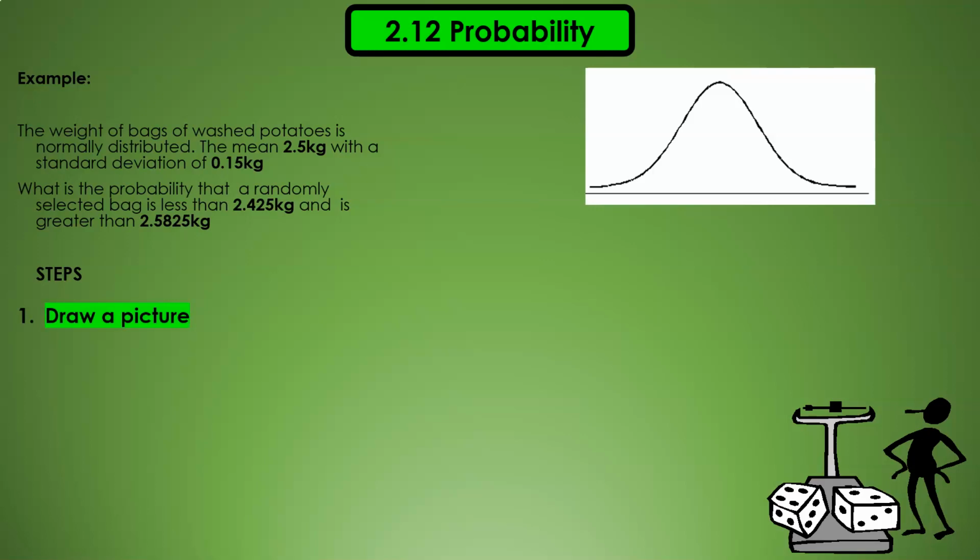So things we do know: our mean is equal to 2.5, and our standard deviation is equal to 0.15. Our first value is 2.425, so it must be less than 2.5.